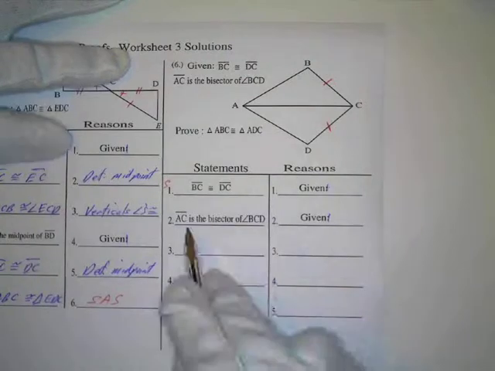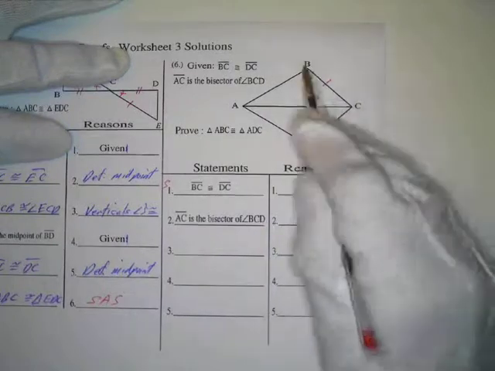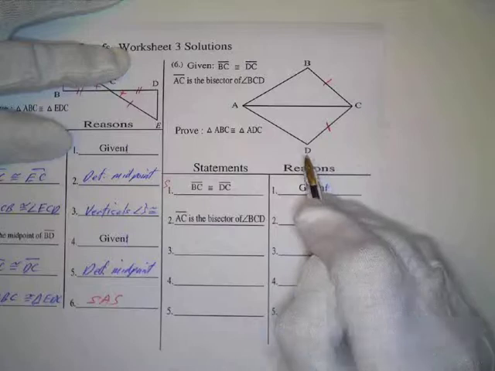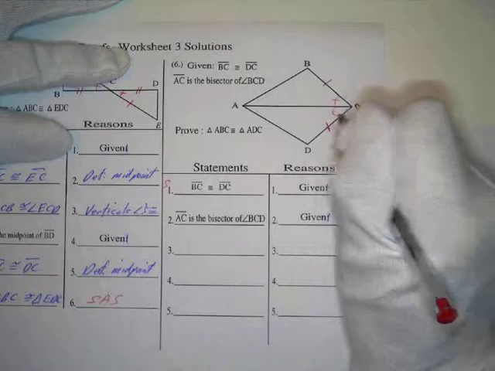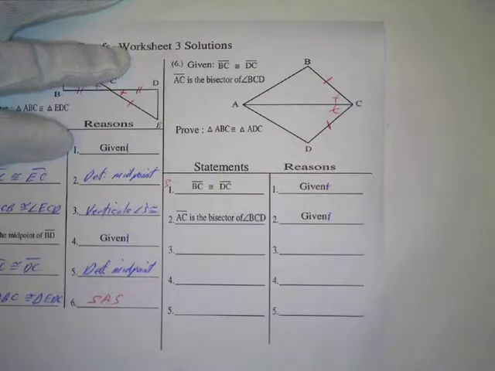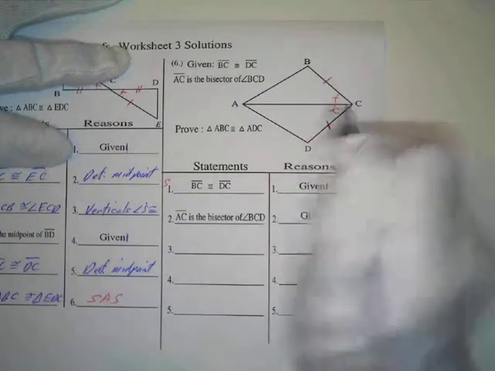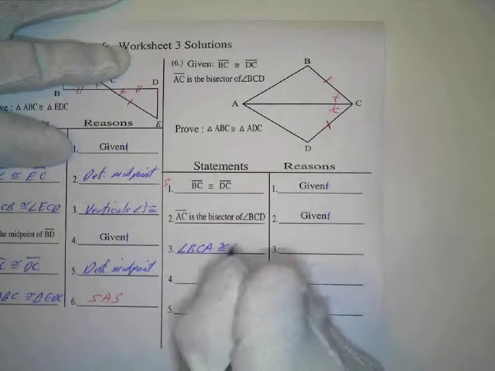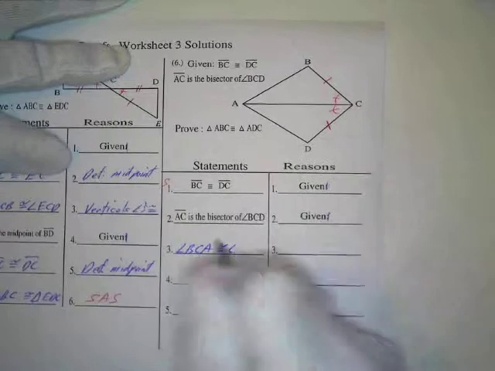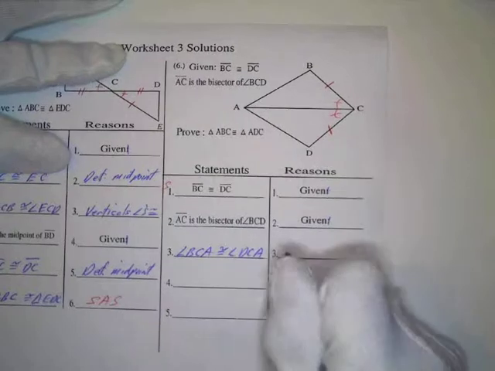Okay, and then AC is the bisector of angle BCD. So here's angle BCD, and AC is the bisector, so that means it divides this angle into two congruent angles. Remember, a bisector cuts an angle into two congruent parts, so because this is the bisector of this big angle, I know that angle BCA is congruent to angle DCA, and that's the definition of an angle bisector.